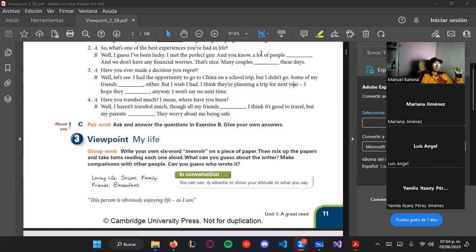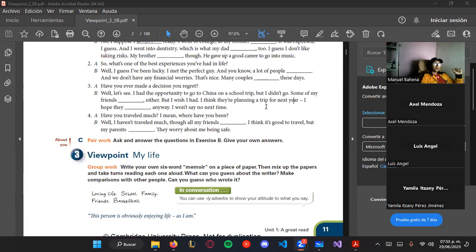Teacher, ¿me podría reenviar el libro, por favor? Please. The book? Yes, of course. You don't have it? No, I don't have. Okay, sure. No problem. Right away. Sure.